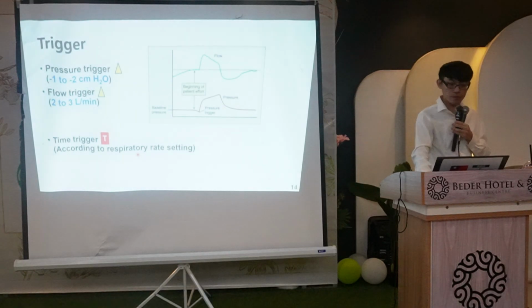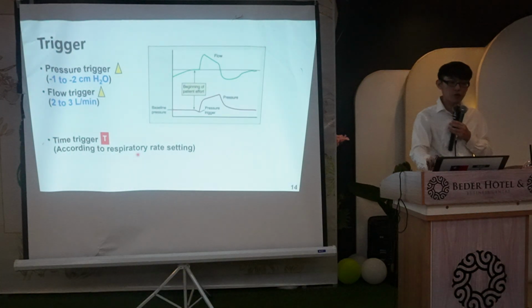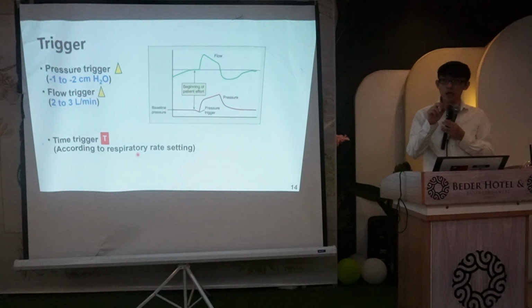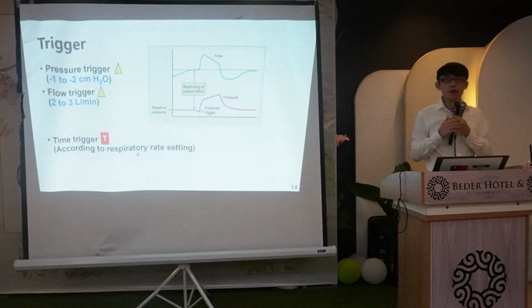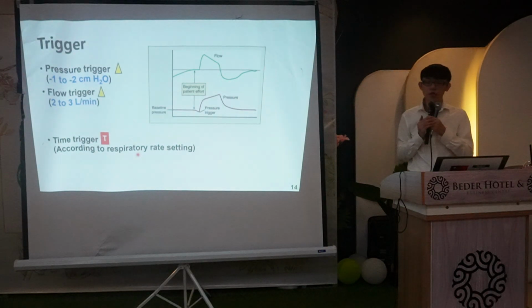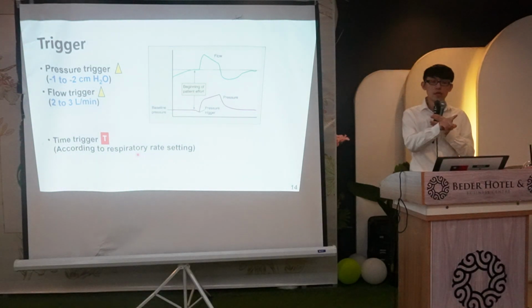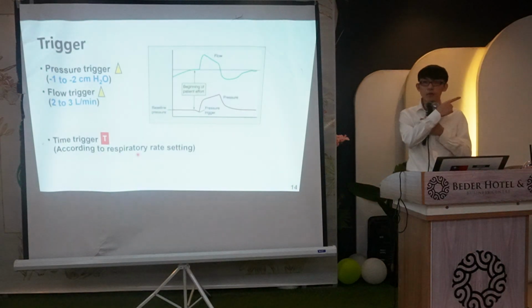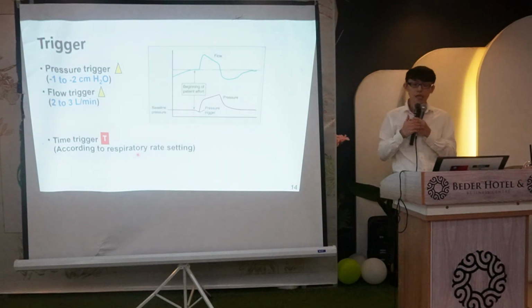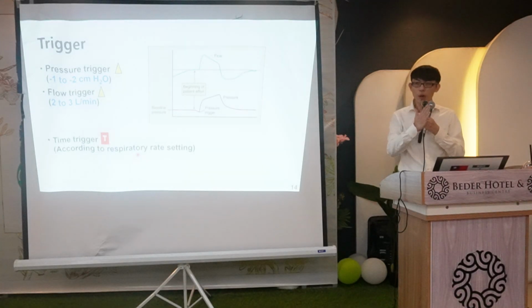Okay. But during our workshop, you will see a BiPAP ventilator and a CPAP ventilator. But some commercial ventilators use a scale, not just a specific pressure or specific flow value. So for example, like BiPAP, you will see later, they use a scale of 1 to 5.